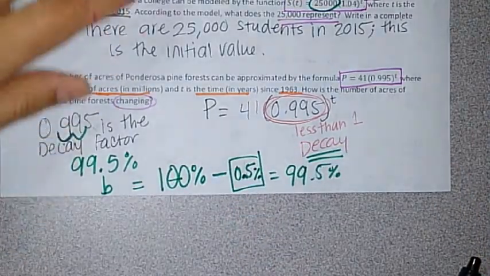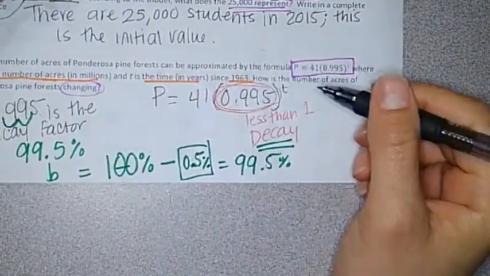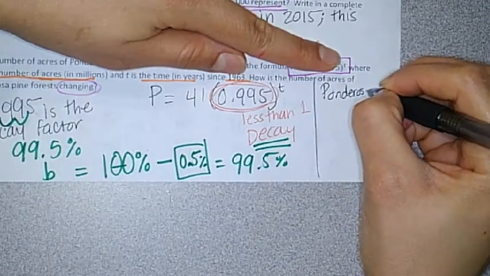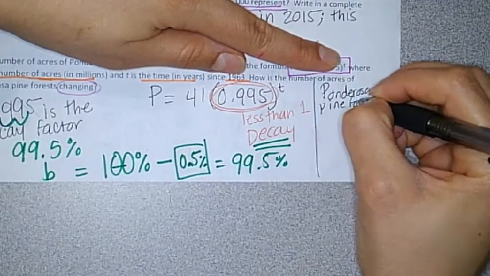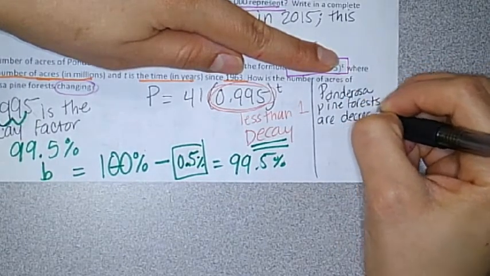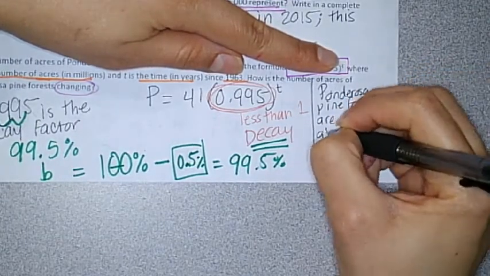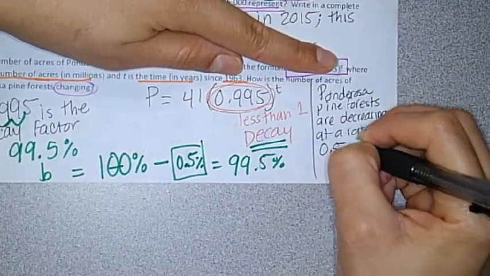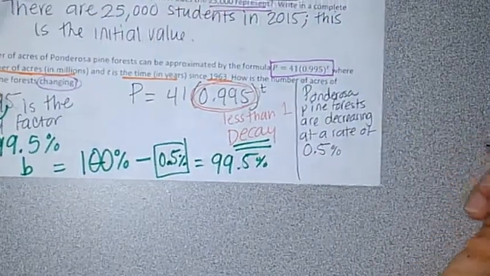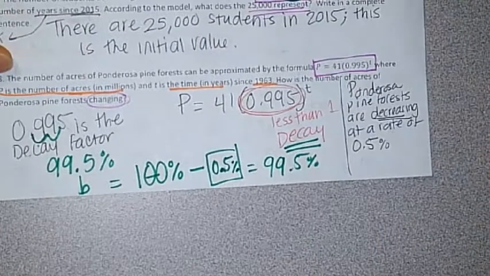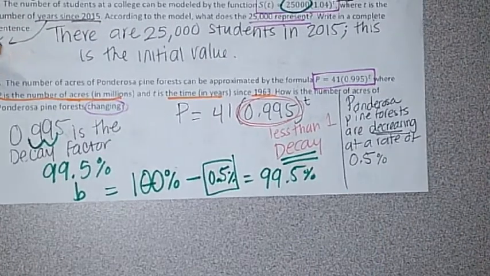So that means that the ponderosa pine forests are decreasing at a rate of 0.5%. Decreasing. All right, and that will be all for the review. Good luck, and I hope you study.